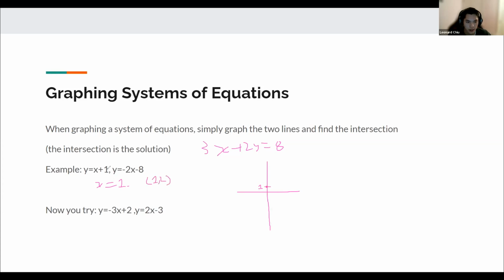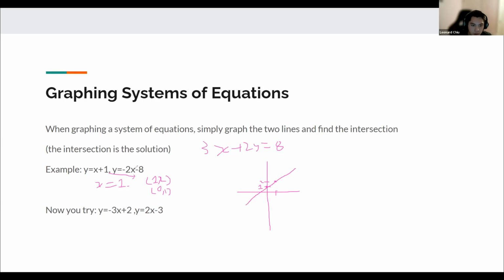So right now the points we have for this equation are (1, 2) and (0, 1). So (1, 2) is right here. Just approximate it, I'll put it on Desmos after this. Now we have our first graph.